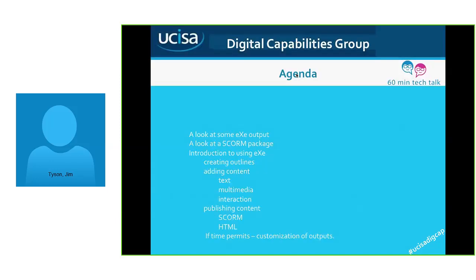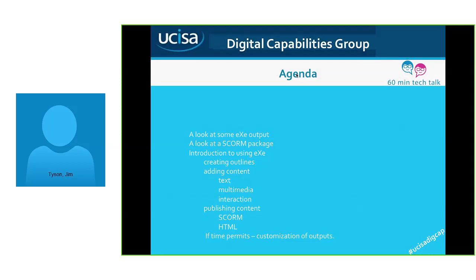What I thought we'd talk about today is using eXe mainly, but I thought I'd show you some eXe output first in a couple of contexts, some stuff that's been produced using the authoring package to give you an idea what it actually does. And we'd look at one of those outputs. We'd be looking at a SCORM package to just show you what it looks like when you actually take hold and use a SCORM package created in eXe.